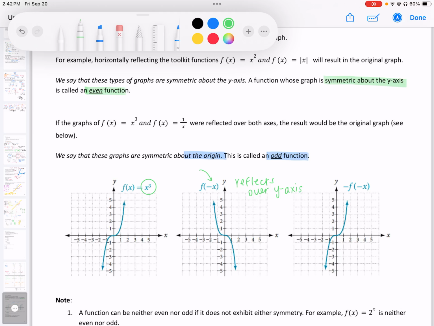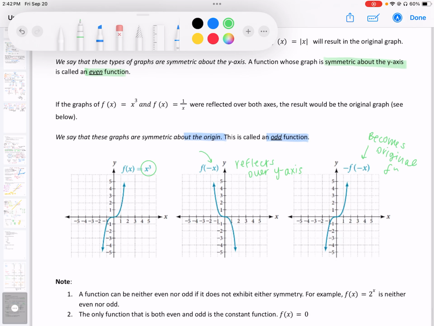And if we make x and y negative, it becomes the same function. If it's reflected over both axes, the result is the original function. So that means we have an odd function for a power of 3.